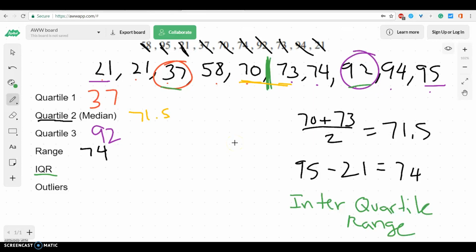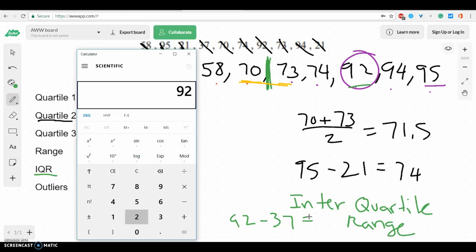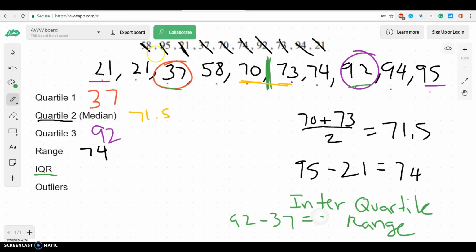So our interquartile range would be 92 minus 37, because that would tell us how wide the quartiles are. And that would give us 55. Again, these are measures of how wide the data is. It generally measures how variable they are. Are things close together or not close together?